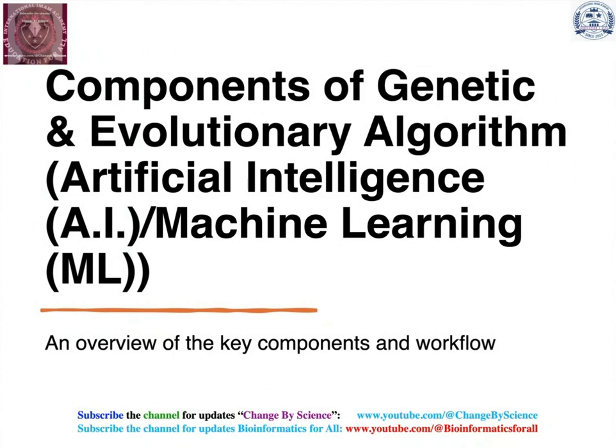So here I'm going to introduce the basic concepts and the fundamental steps which are involved in the simulation process when you are going to use the genetic and evolutionary algorithm for achieving your goal.